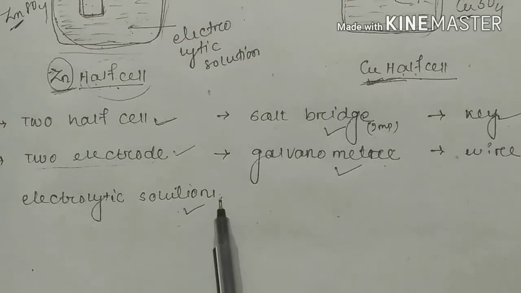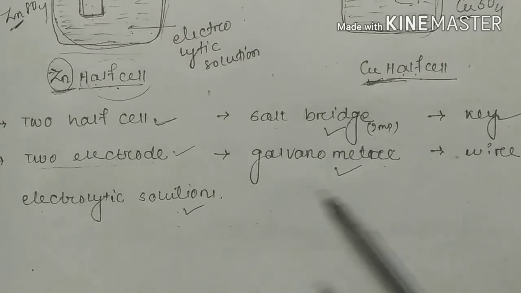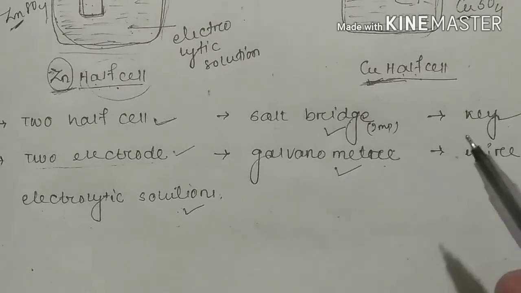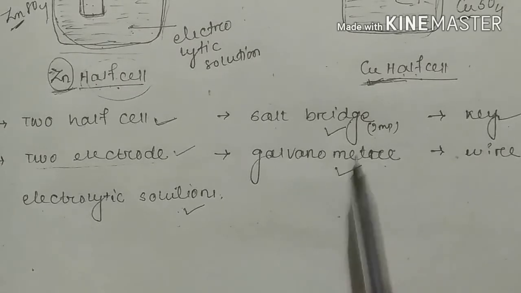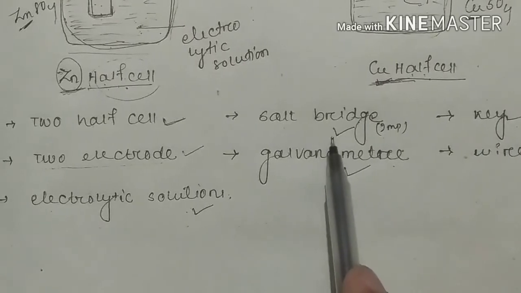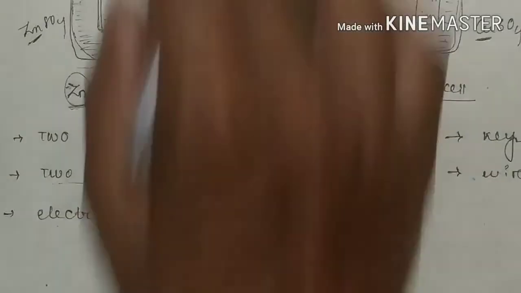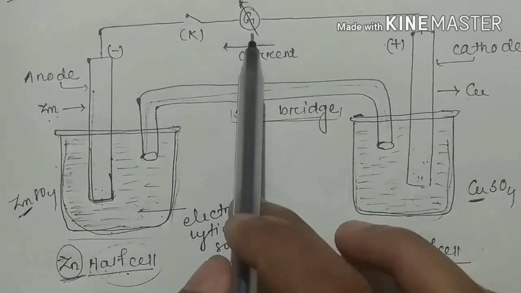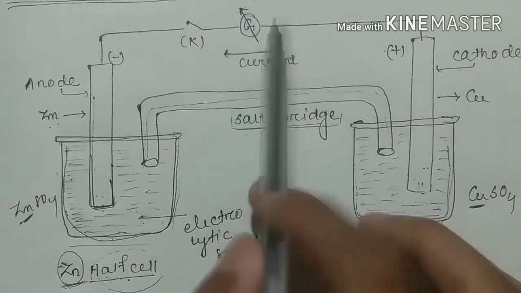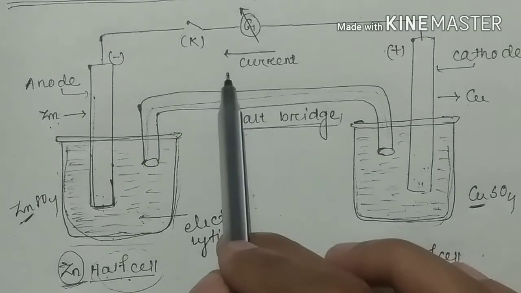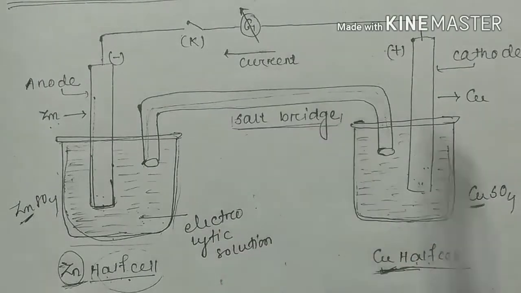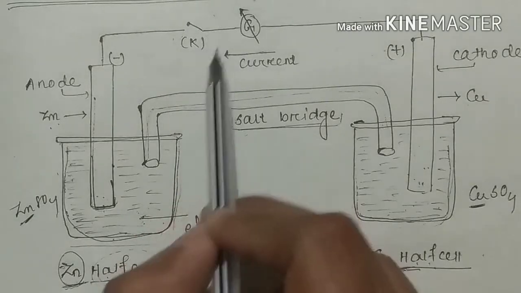Next, the electrolytic solution. We all know about the electrolytic solution, which can conduct electricity or which forms or gives ions. And the salt bridge, we will discuss at last. The galvanometer is used to detect the flow of current or the direction of flow of current. And the use of the key?